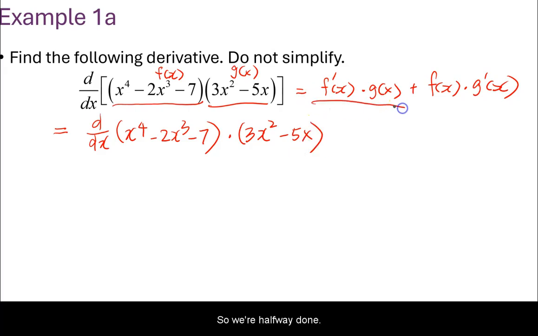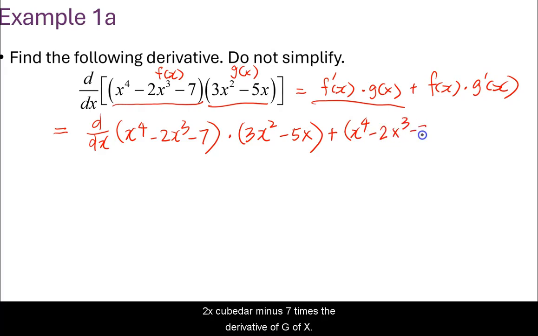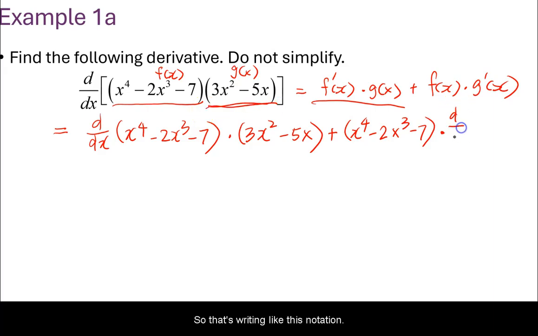So we're halfway done. Plus f of x, which is x to the fourth minus 2x cubed minus 7, times the derivative of g of x. I'll write it in Leibniz notation, d/dx of 3x squared minus 5x.